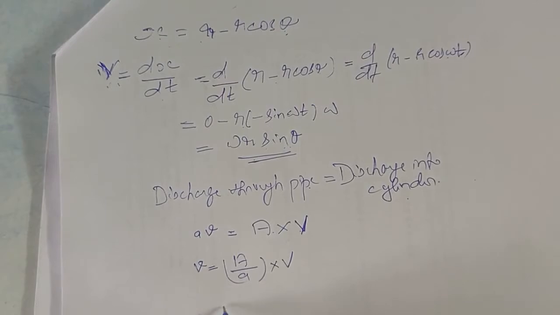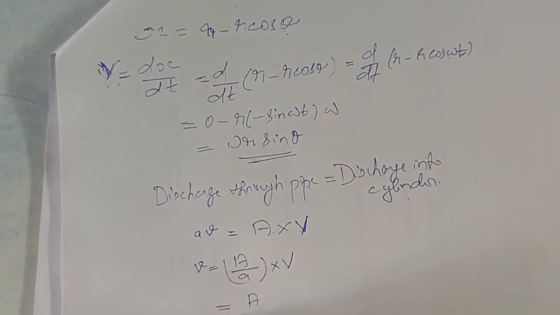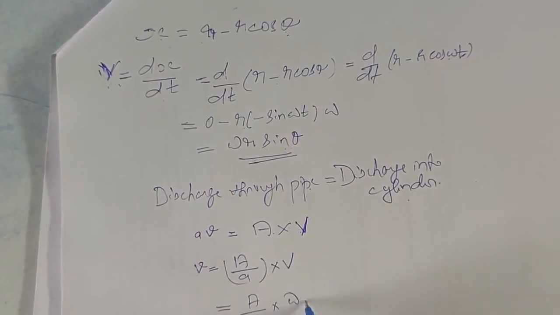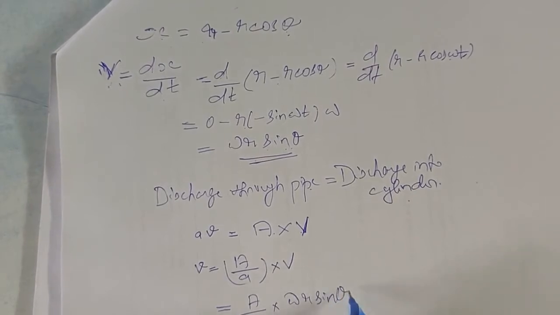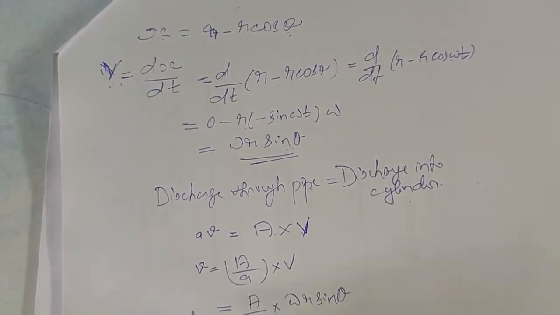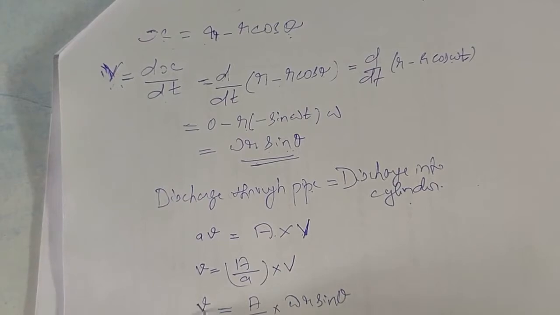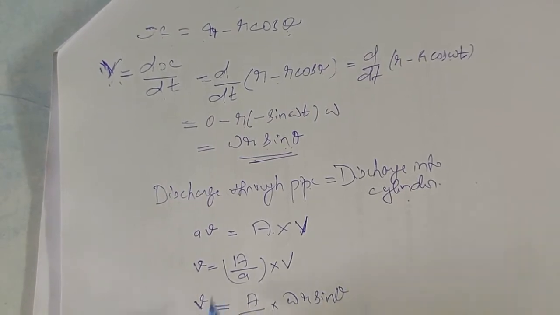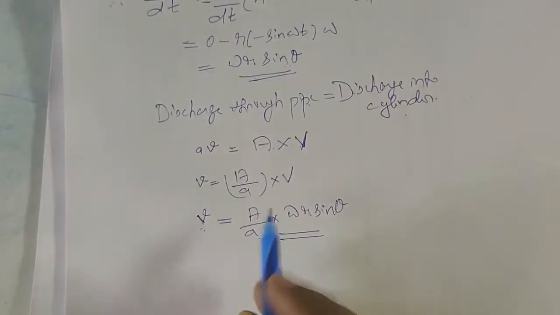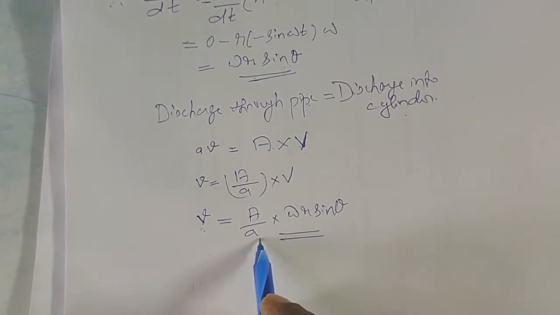So we can find small v as A by a into omega r sine theta. So this is the velocity of fluid or water either in suction pipe or in delivery pipe. If it is suction pipe, small a will be the area of the suction pipe.